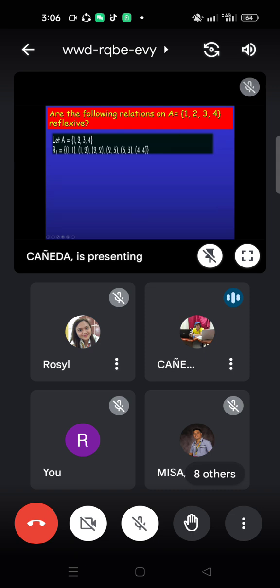Is it reflexive or not? This is reflexive because the relation R contains all the ordered pairs of the form (a, a) for every element a belonging to A. R has (1, 1), (2, 2), (3, 3), and (4, 4).